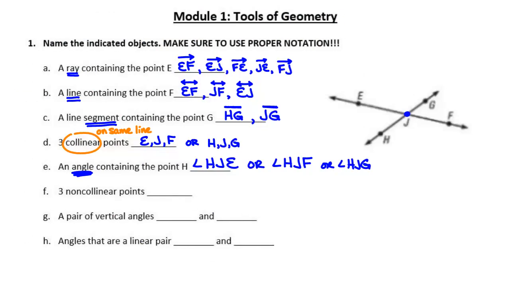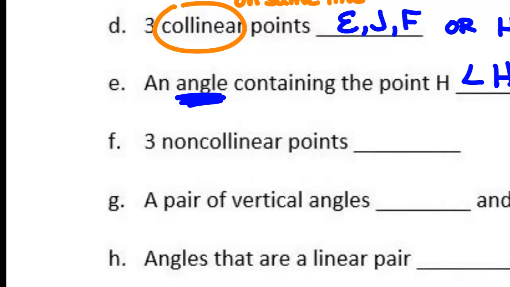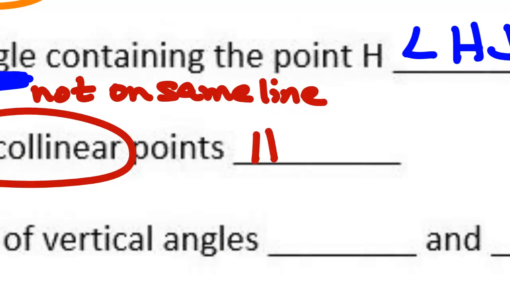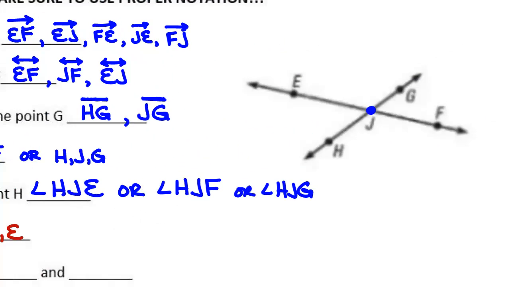3 non-collinear points. What am I looking for now? Not on the same line. Two points will be on the same line together, but the third one should not be lined up with the other 2. So I could do HJE. These 3 points right here.